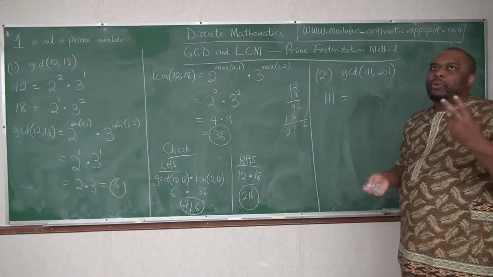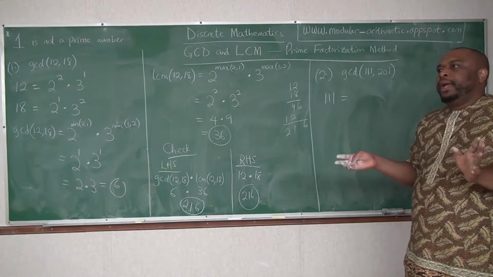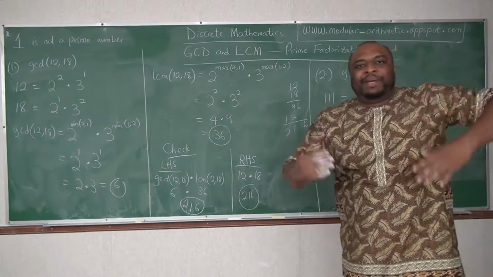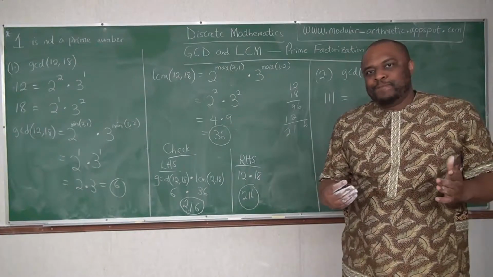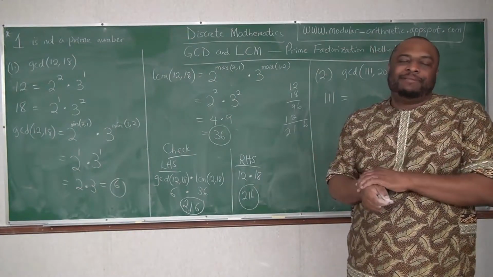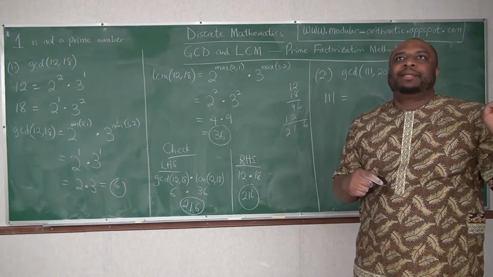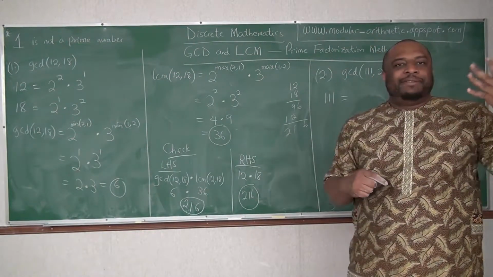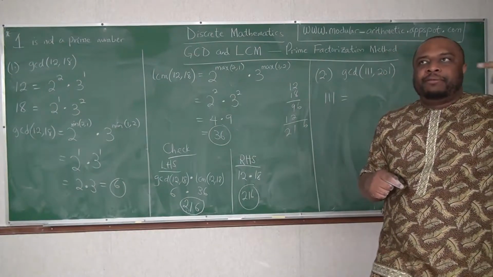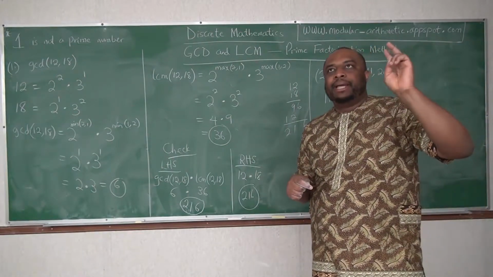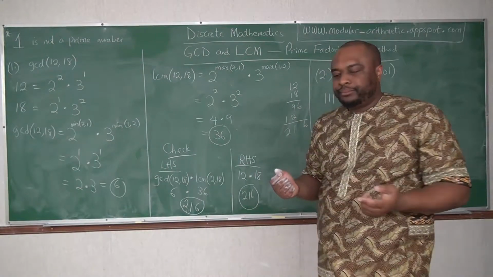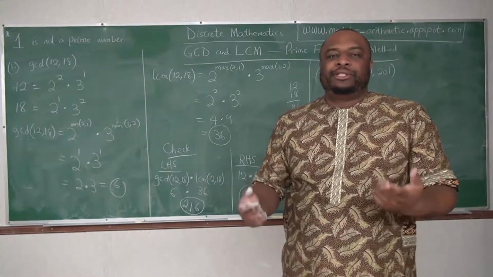So with 3, 1 plus 1 is 2, plus 1 is 3. Now, we have what we call divisibility rules. How do you know if a number is divisible by 3, by 5, by 7? How do you know if a number is divisible by 2?